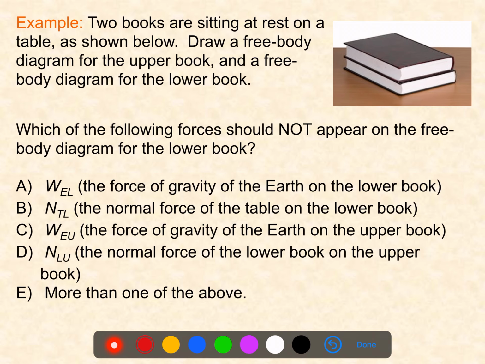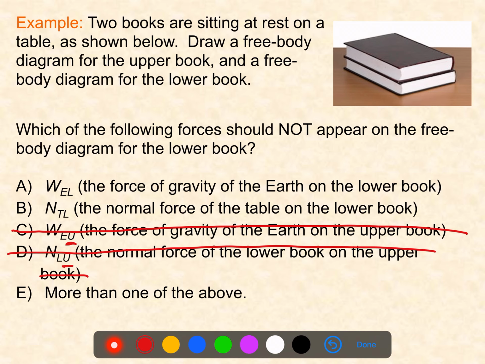Okay, so I can see that this is a U and this is a U. This is the force of gravity of the Earth on the upper book. So we don't want to include this, nor do we want to include this, the normal force of the lower book on the upper book, because this lower book is the one exerting the force in that case.